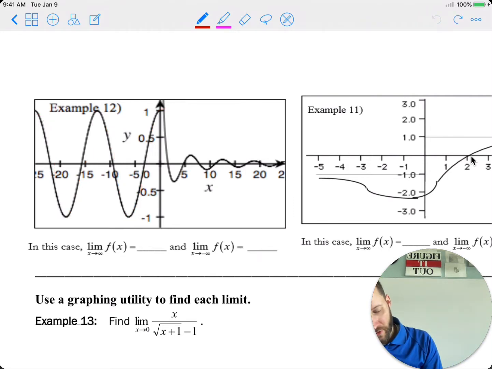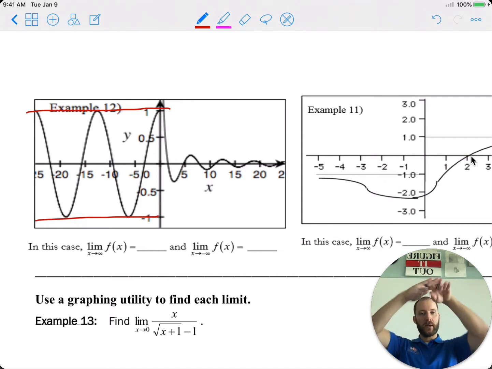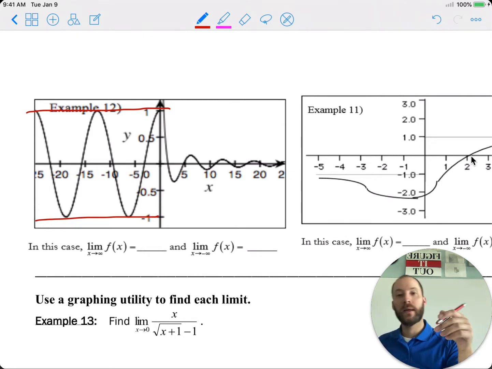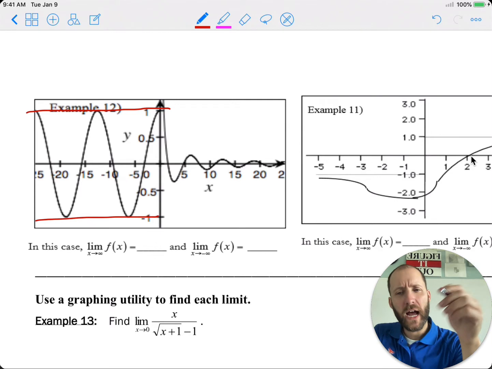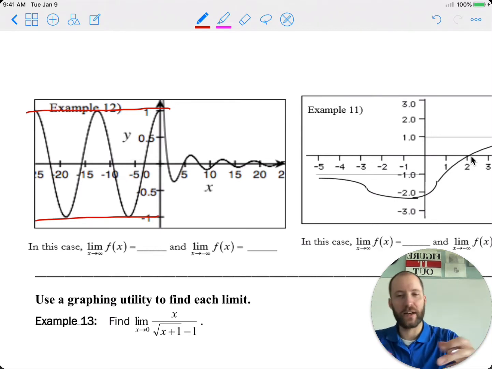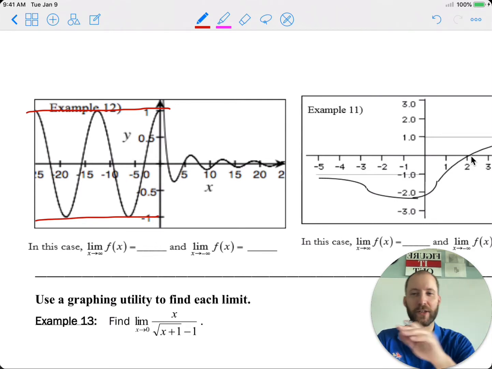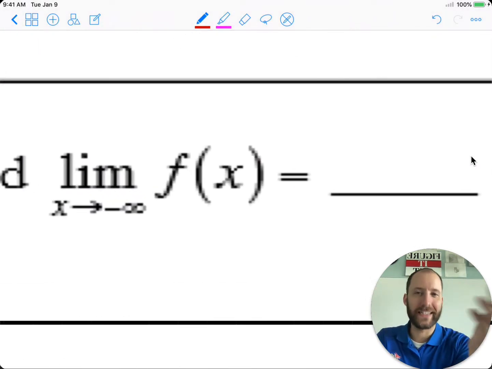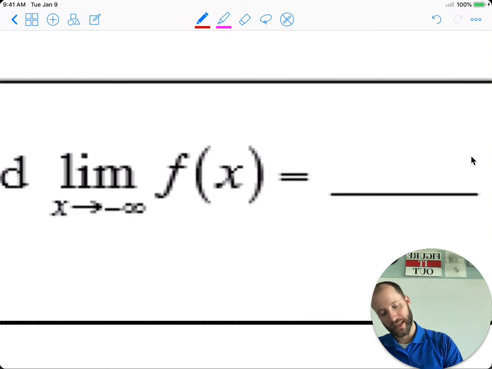It never goes above 1, never goes below -1. So it's always bouncing between those two as it goes to the left. So we have what we call oscillating behavior. I just realized I'm doing the negative infinity first. My bad. So to explicitly say that, we're looking at negative infinity, going to the left.